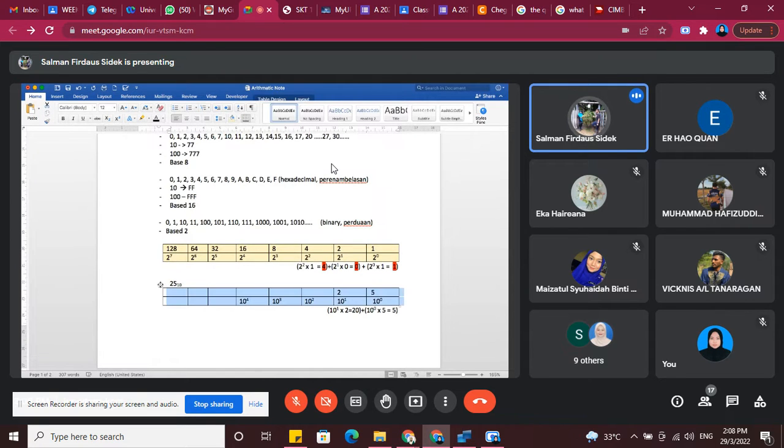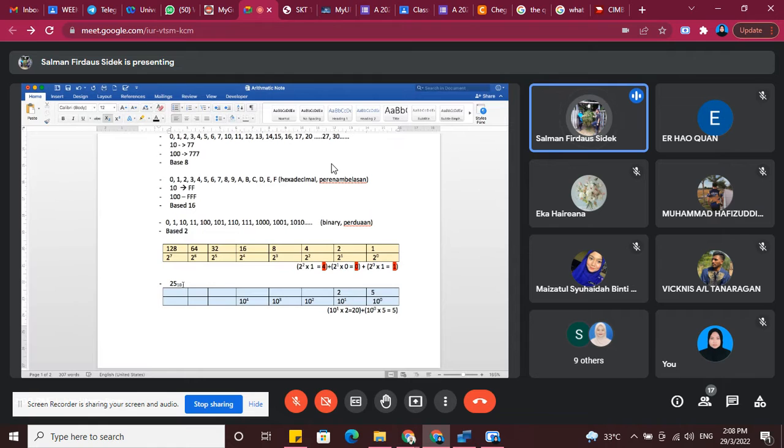Okay, this is the example. The blue table here is just to show where we got this sequence. I give one example here, 25 base 10, which is a number in the decimal system.